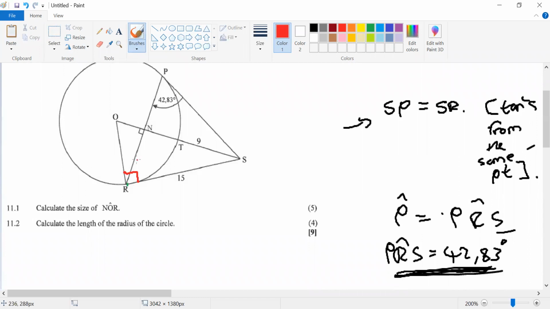And I've already calculated one part of this angle, which was 42,83, because we've already determined it right here.